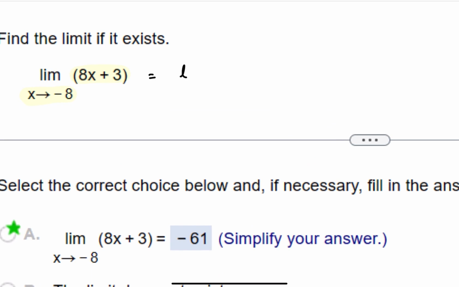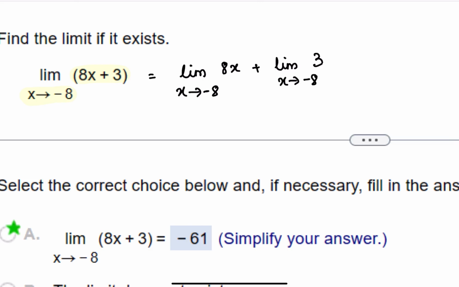This is the limit as x approaches negative 8 of 8x, remember I separate the limits, plus the limit as x approaches negative 8 of 3. Now you might ask, Miss, are we supposed to do this all the time? No, you don't have to. If you know the limits and if you know the values, that's absolutely okay. I'm doing it so you can understand.